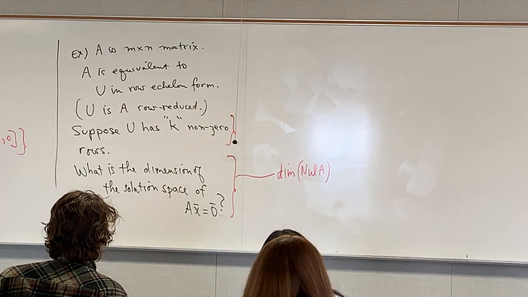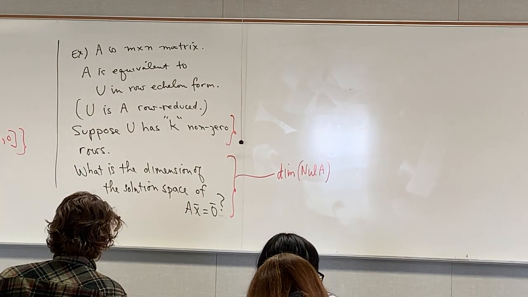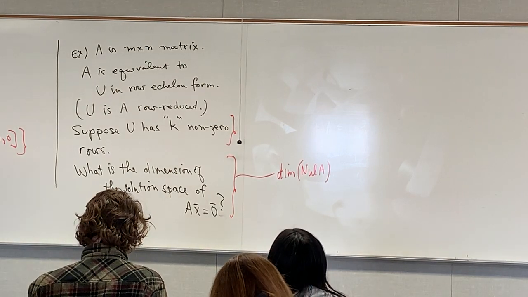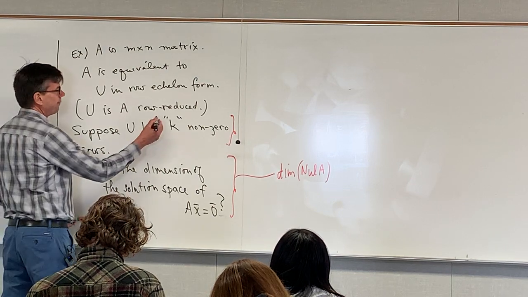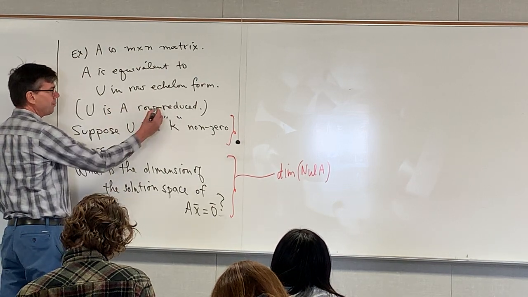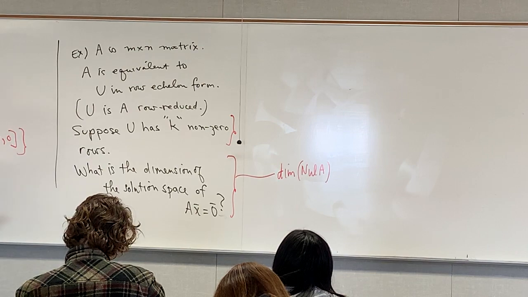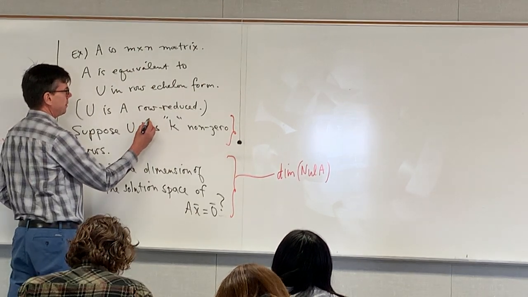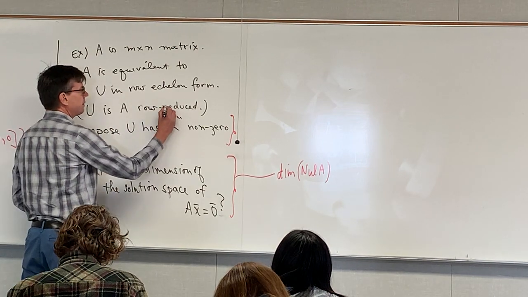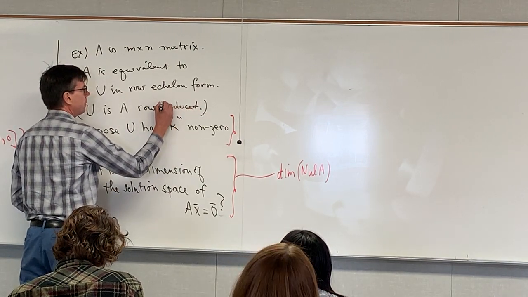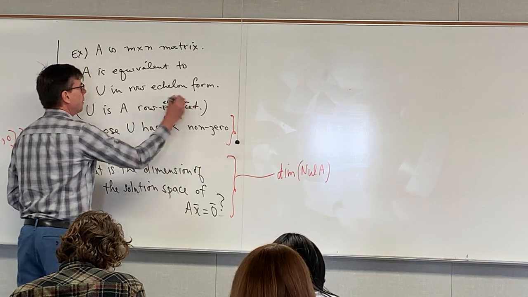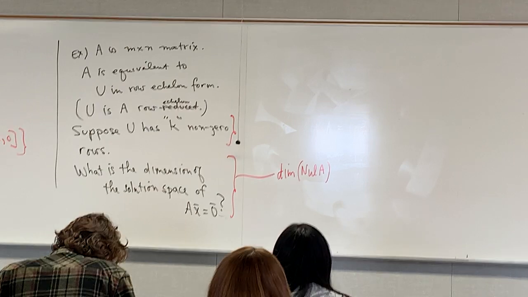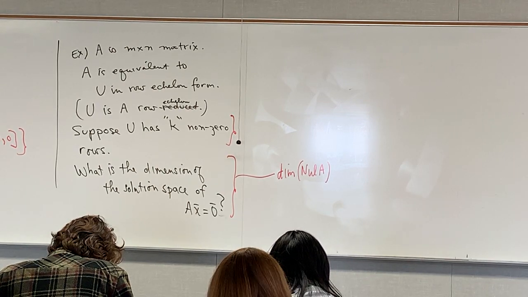When you're in a row echelon form, not necessarily reduced all the way, just in echelon form, you know where your zero rows are.